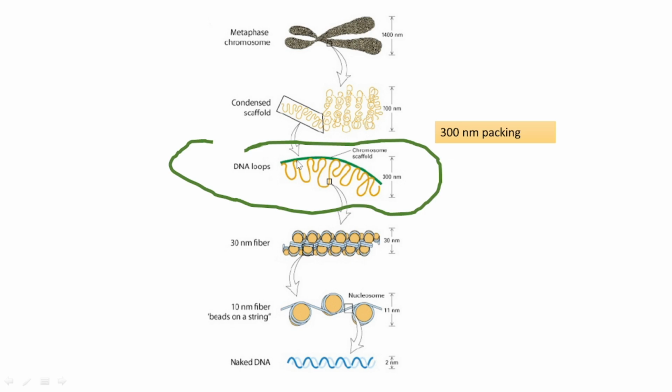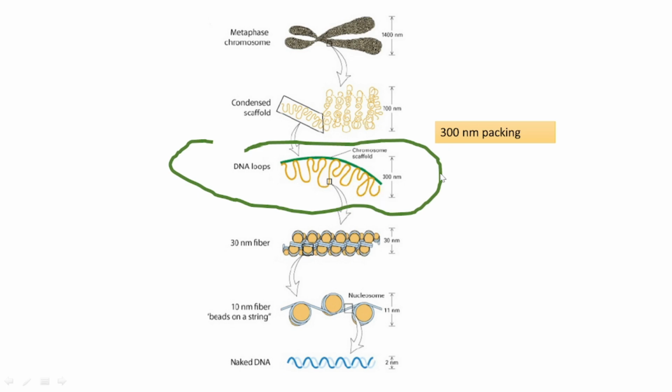If we take the case of an umbrella, the iron rods and the holding rod, all that is scaffold. Similar to that, here also some proteins assemble together to form a backbone to organize the chromatin to form certain loops.